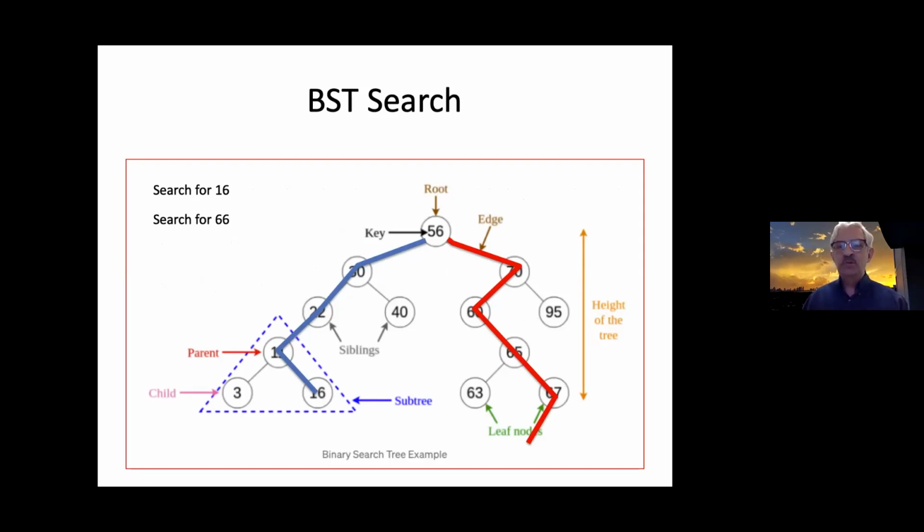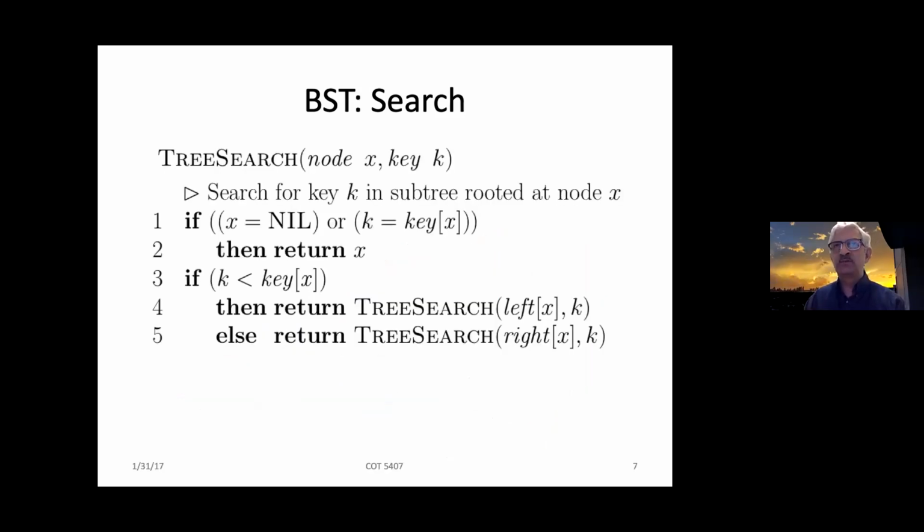Now, what you need to understand here is that we want to know what's the time complexity of this search process. The time complexity typically is given by the worst case scenario for the search.